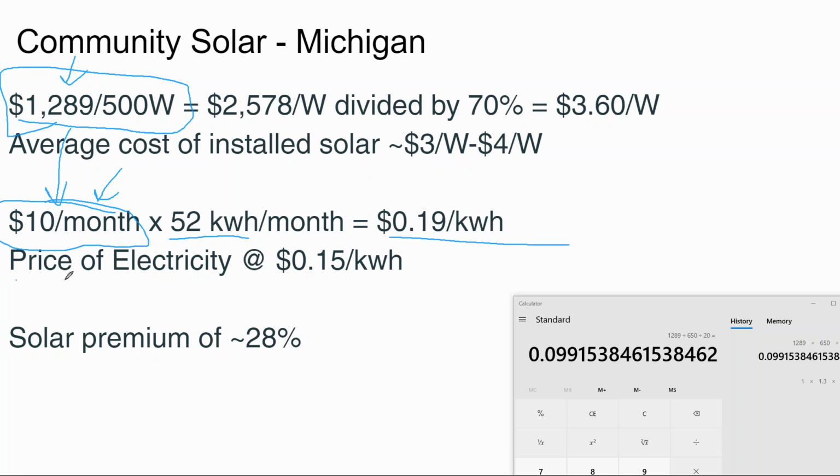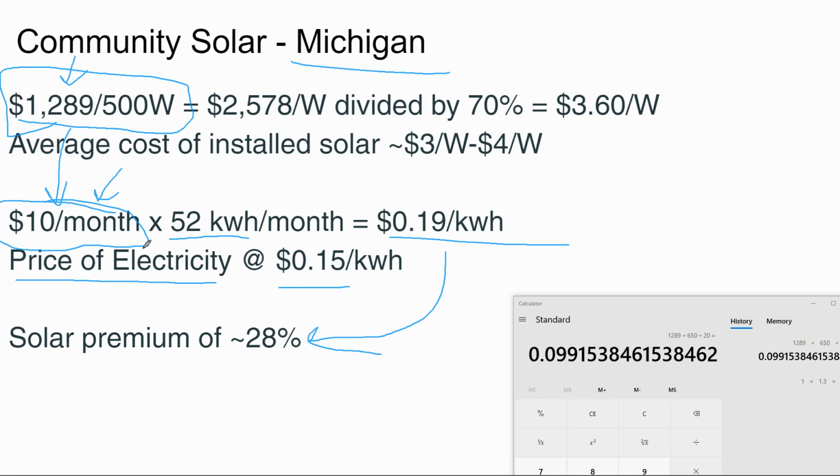Well, the price of electricity in Michigan is 15 cents a kilowatt hour, and so the utility has found a way to convince someone to voluntarily increase their electric bill by 28% today and lock them into a 25-year contract down the road. And so, that's actually a really good deal for the utility.